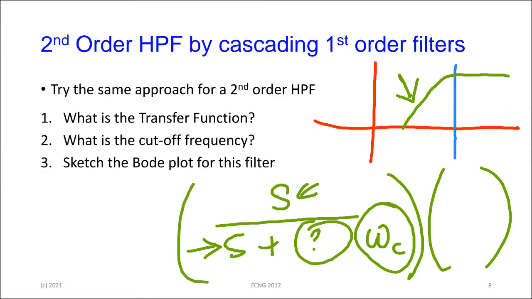How many dB per decade? 20, 40, 60, minus 20, minus 40, or minus 60? 40, correct, right? So this slope is going to be plus 40 dB per decade.